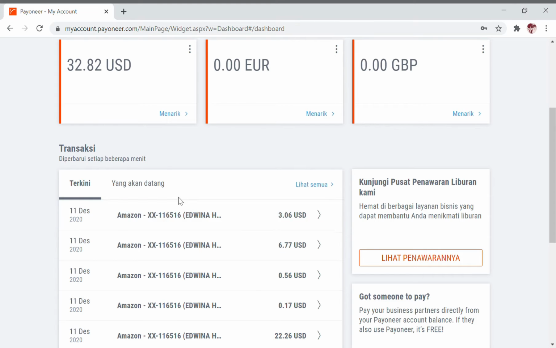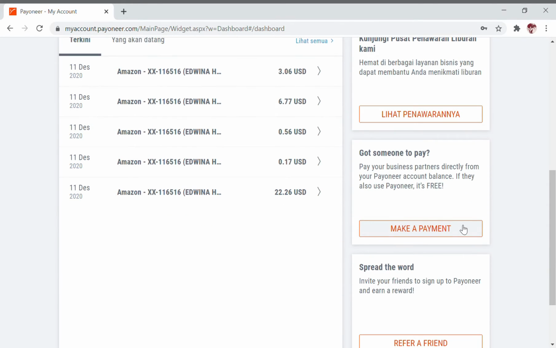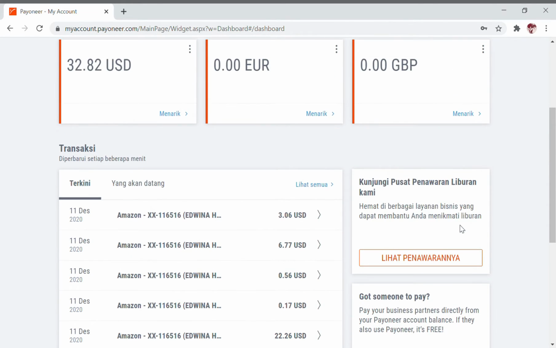Since Amazon does not accept PayPal, you're stuck with Payoneer. Here's a screenshot of what my dashboard looked like, and I received $32.82 US in my Payoneer account from Amazon on the 11th of December from various Amazon marketplaces: Germany, Europe, England, and the US.